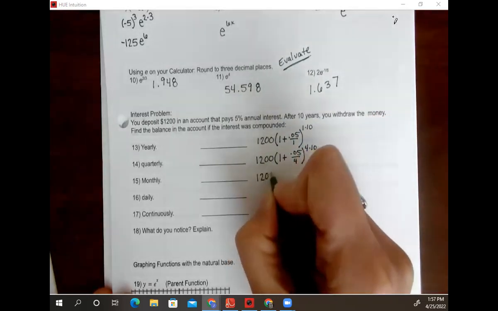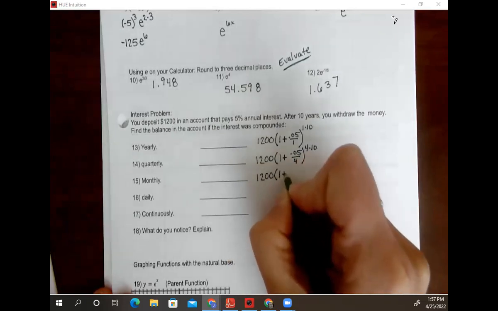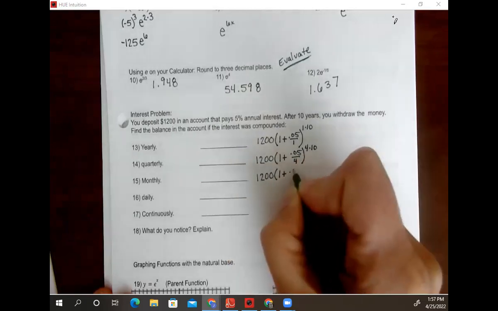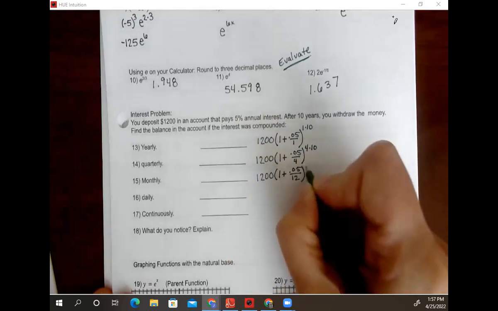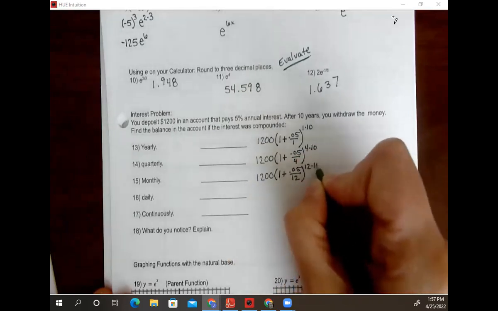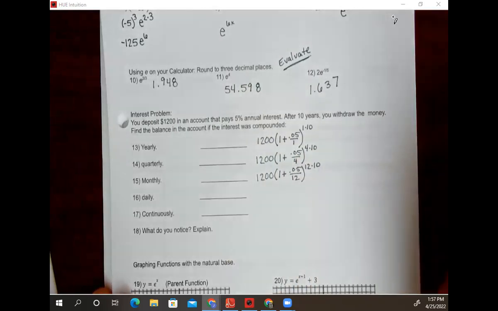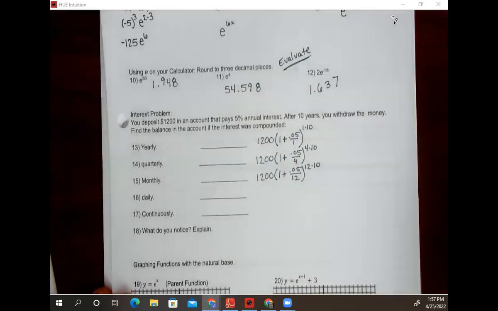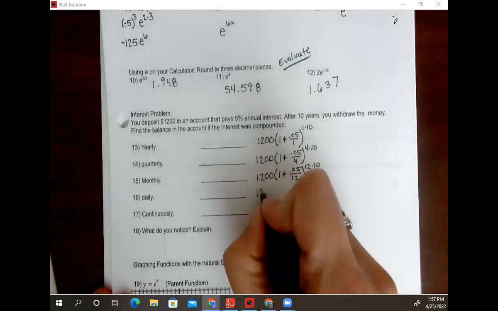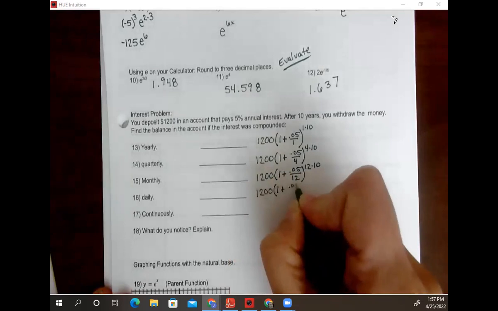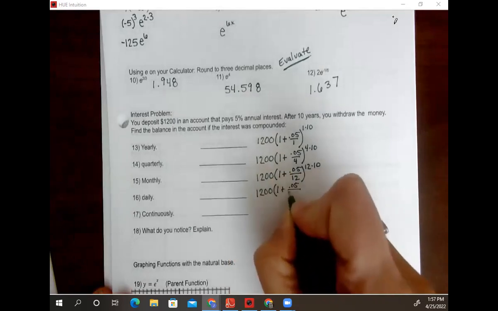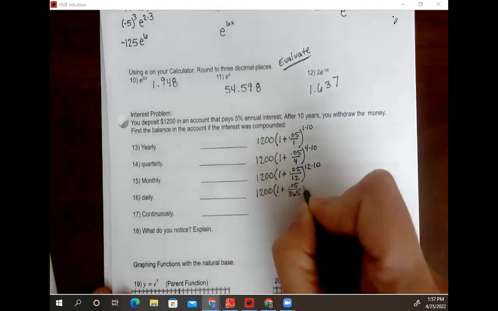Monthly, everything stays the same except for that n value. So for monthly, our n is 12. Our interest rate is the same. Our initial amount is the same. Our time frame of 10 years is the same. For daily, again, everything's the same except that n value. So my rate will be divided by 365.